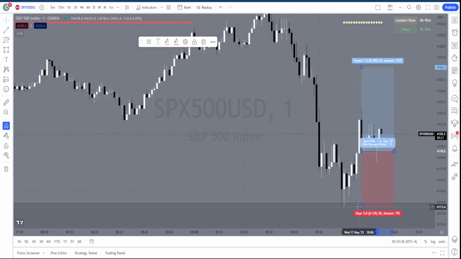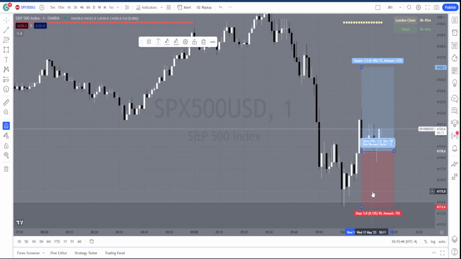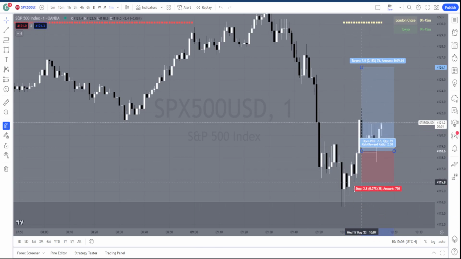However, I would recommend using this stop, or this stop if you're advanced. Only use this stop here if you're the type of trader that likes to exit trades because maybe you have FOMO, or you're scared that it will hit your stop loss if you put it here and then bounce up.